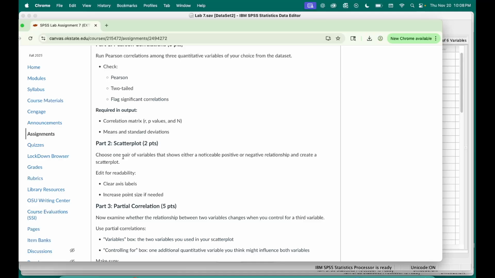It doesn't matter which way, but you should pick 2 whether or not they reach statistical significance. Ideally one that is statistically significant, but if it's trending in that direction, meaning it's getting closer to 0.05 but maybe not quite under 0.05, and it's showing a positive or negative relationship there, you could go with that as well.